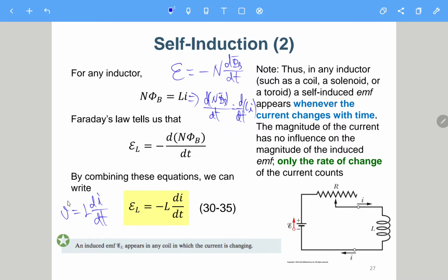We usually regard it as a voltage, as a potential difference. Like, so this is a battery. So the V L means the voltage drop or the potential difference across the inductor. So it is defined like this.